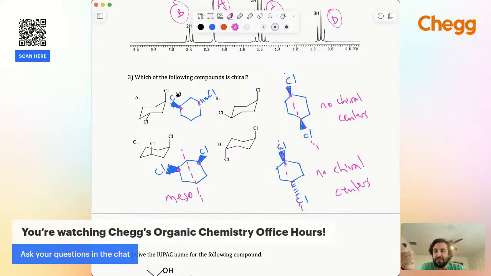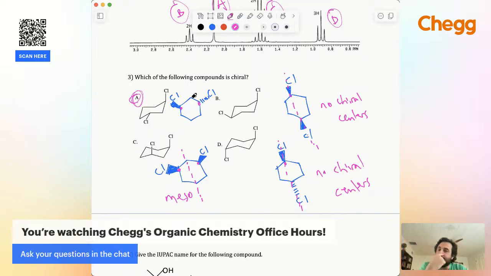But this is chiral, right? We have 2 chiral centers, and there is no internal plane of symmetry, because if we tried to do the dashed line down the center, that doesn't work because the wedge chlorine would be reflected onto the dash chlorine, or vice versa. And so that's not the same.